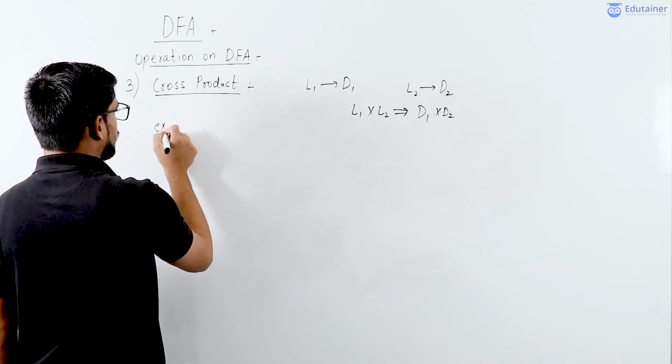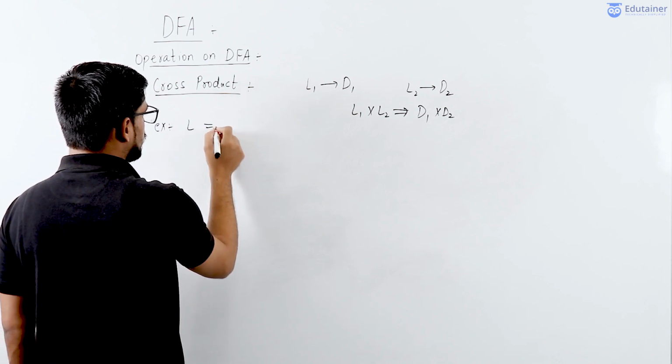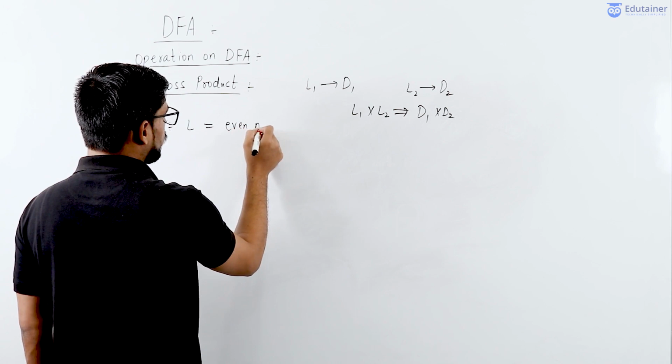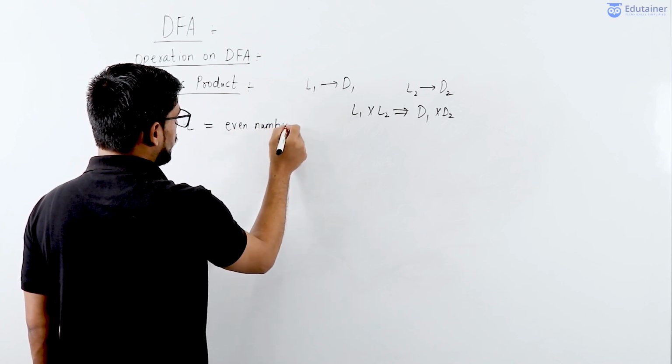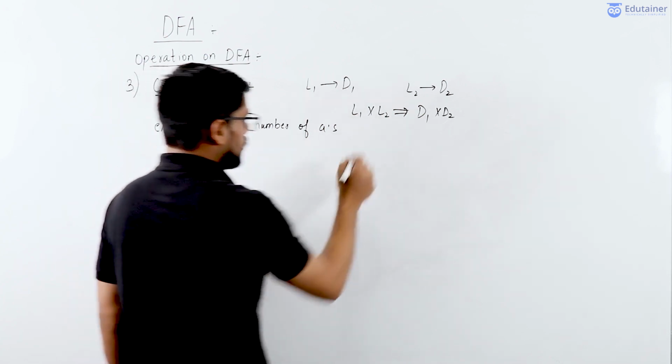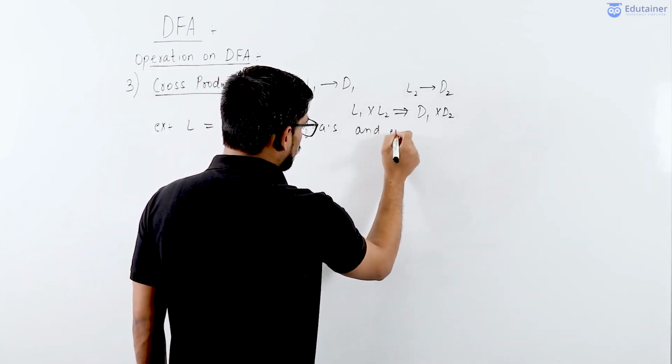Let's say a language which contains an even number of A's, and an even number of B's.